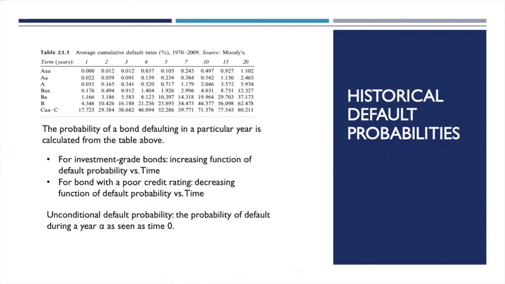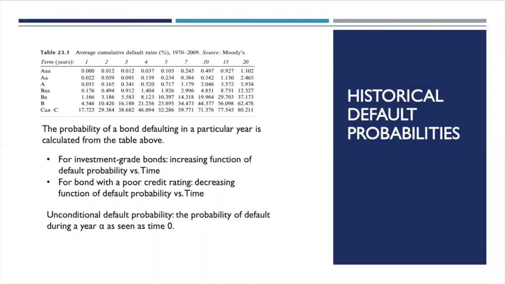As we can see, there is a table that shows the average cumulative default rates, and this is typical of the data produced by the rating agencies. It shows the default experience during a 20-year period of bonds that had a particular rating at the beginning of the period. The probability of a bond defaulting during a particular year can be calculated from this table.